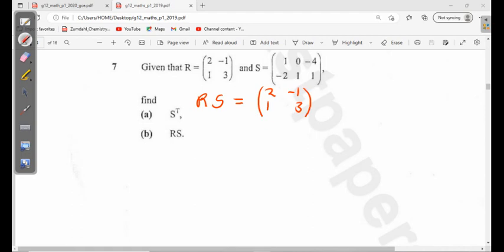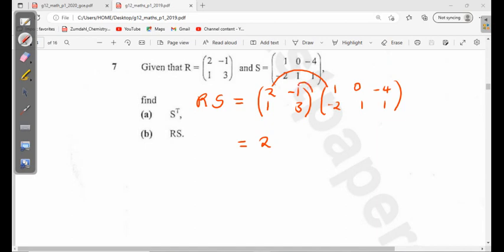So when you are multiplying, you're going to multiply the row and the column. So it will be 2, you're going to multiply it with this one. That is going to give you 2 times 1 is a 2. And then you come now to this one, negative 1, multiply with this one. So that will be negative 1. Of course, this is a negative. So negative 1 times negative 2, that is going to give you positive 2.